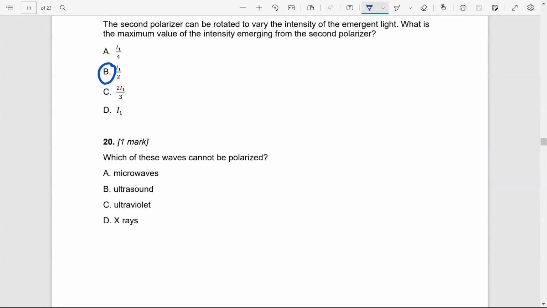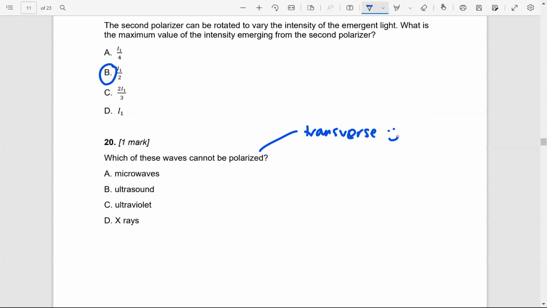And then finally, question 20, which of these waves cannot be polarized? Well, only transverse waves can be polarized. So microwaves, electromagnetic, can be.